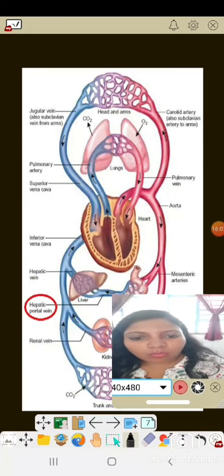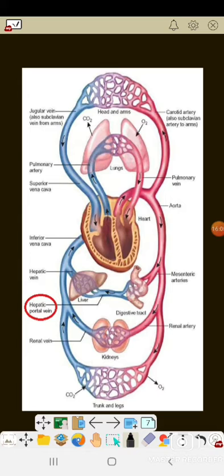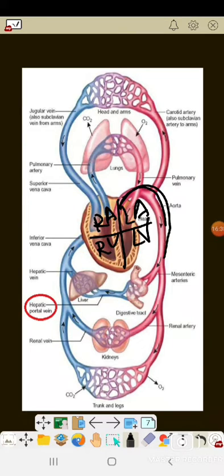So this is the overall structure of the circulatory system, how the heart pumps. Here are the right atrium, right ventricle, left atrium and left ventricle. There are 4 chambers in the heart. From here, the oxygenated blood flows out from the aorta, and it enters the stomach, intestines and kidney, and trunk and legs.